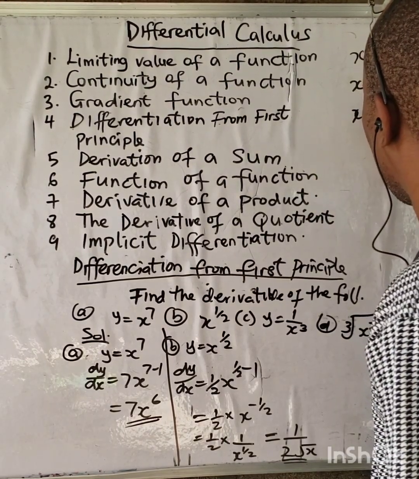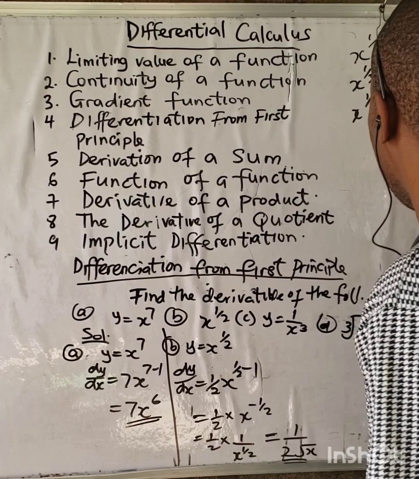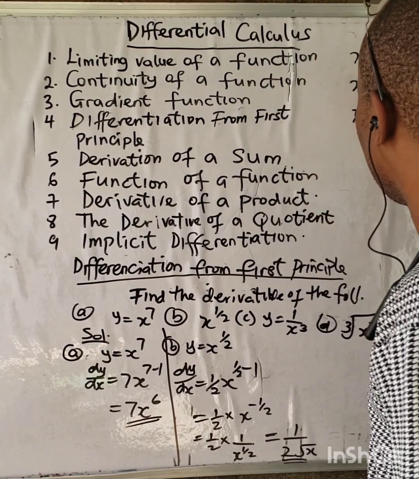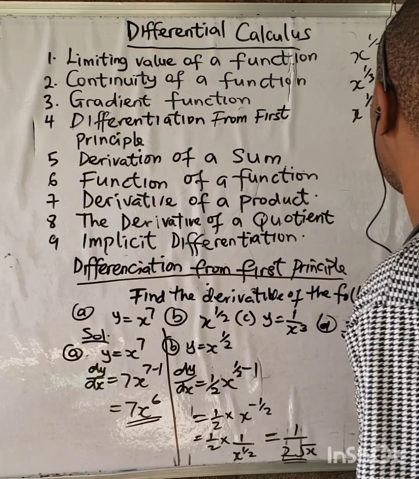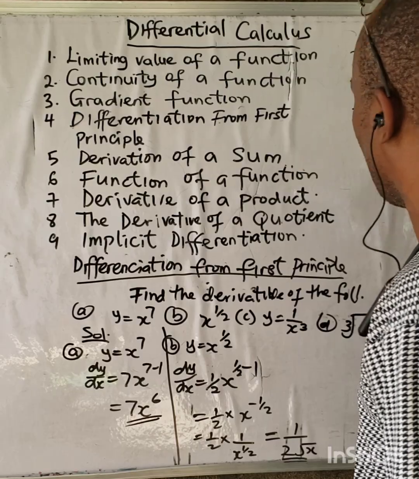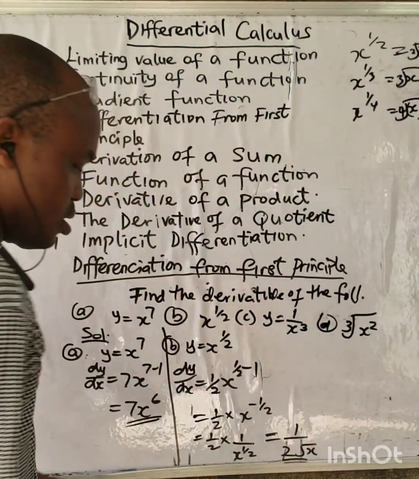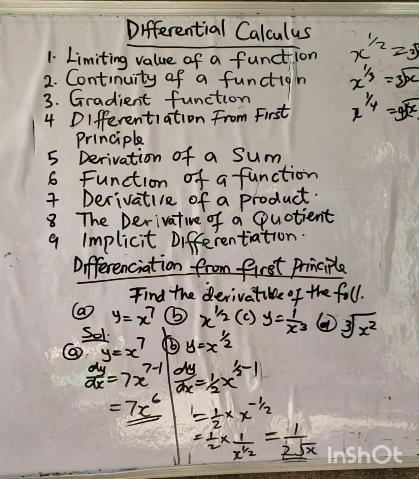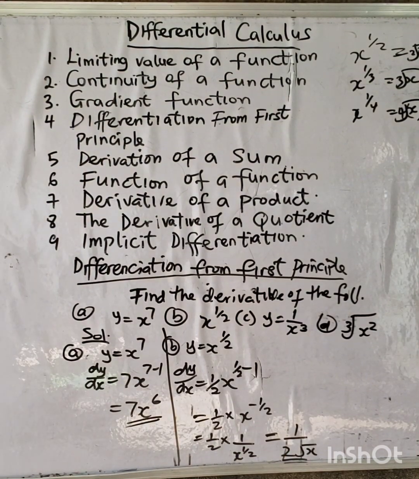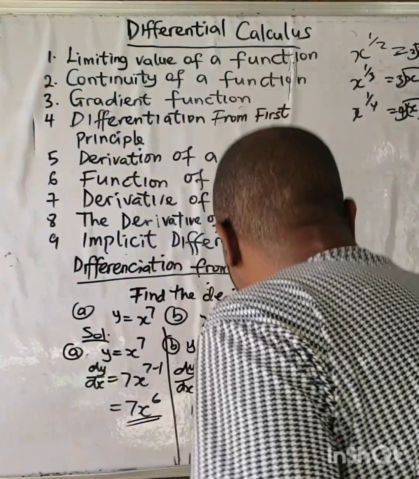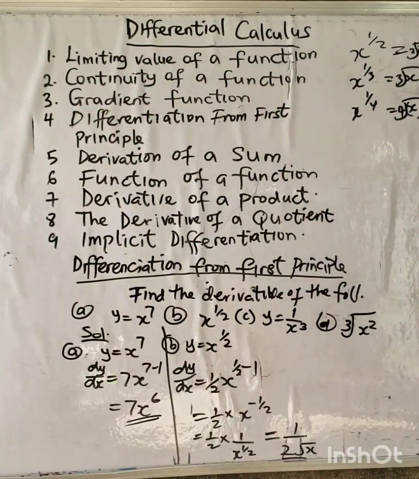If it is x raised to power 1 all over 4, it will be the fourth root. Whatever is at the top, whether 1, 2 or 3, will be outside like this. But for this one, it will be 1. That's how we got 1 all over 2 root x. The last, the C question, let me do it on the other side.